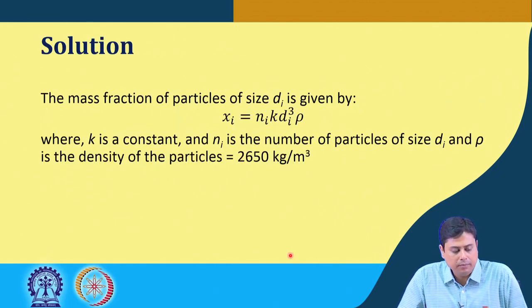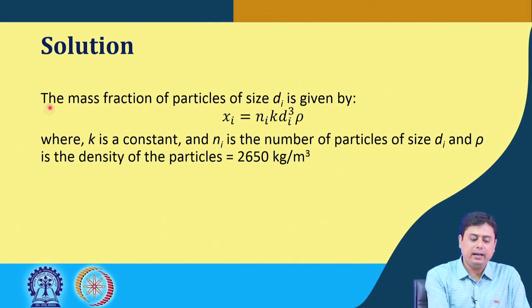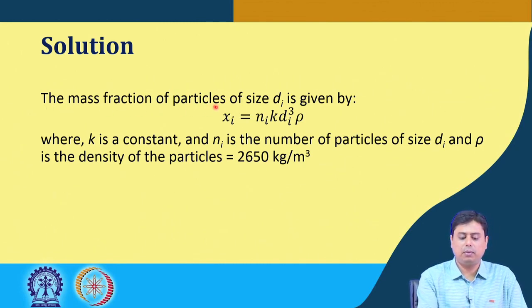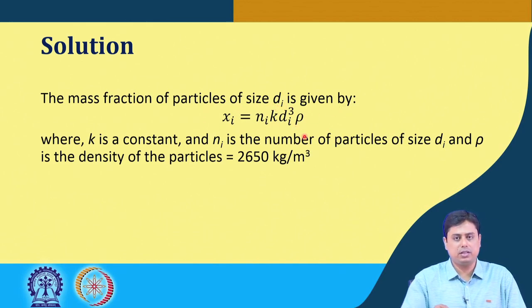So, how it is done? The point is that the mass fraction of particles of size di is given by these expressions that we have already seen in the last class, that xi is the mass fraction, ni is the number of that particular size of the particle, k is a shape dependent factor, d is the diameter of that sample of that particular size range, and rho is the density of the solid particles.